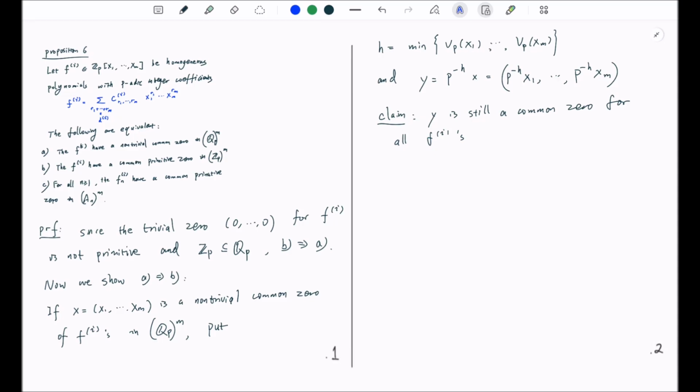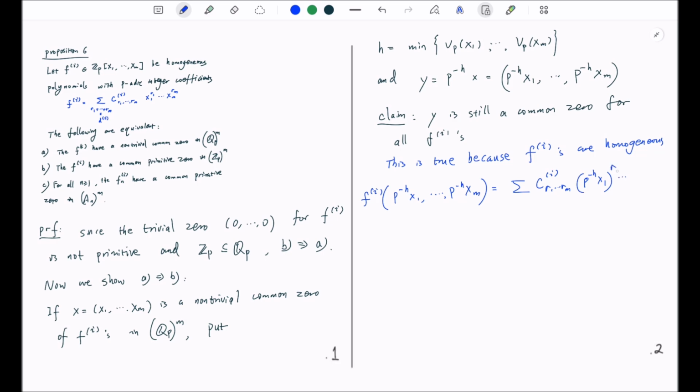Do you see why this is true? This is true because of homogeneity. If you multiply each x_i by p to the negative h for this given h, and you factor all of them out, you get the same power of p for all monomials. If you want to write this more carefully, we'll pull all of those p to the negative h's out.